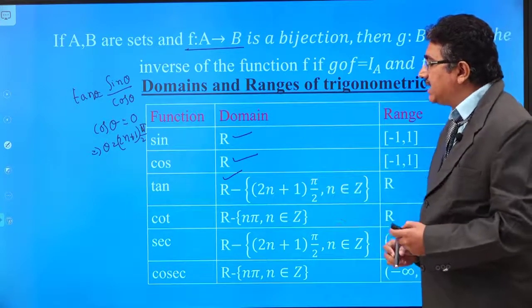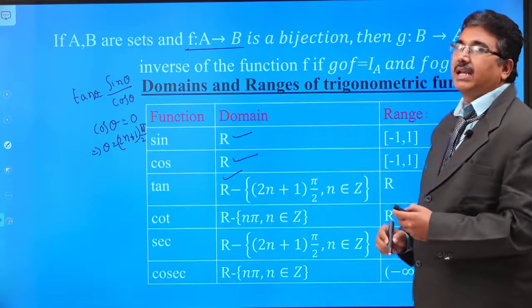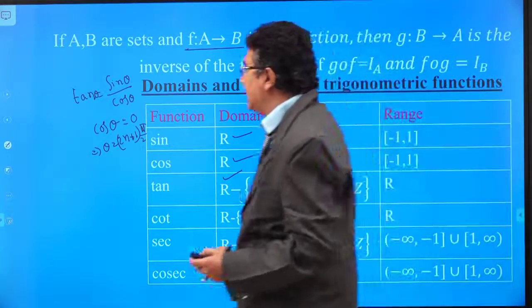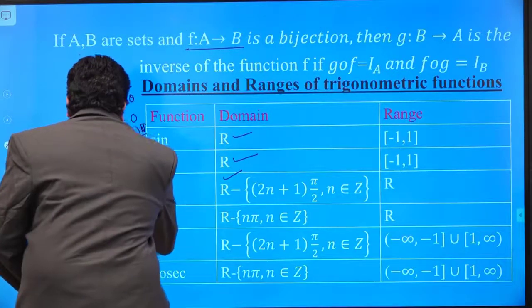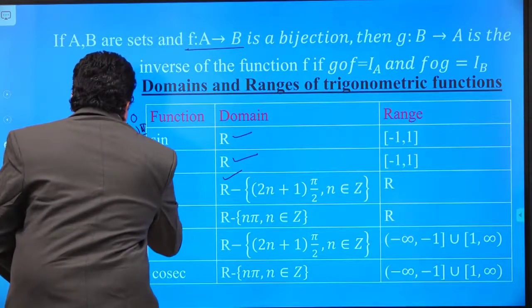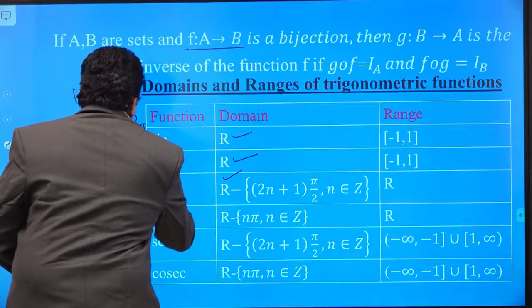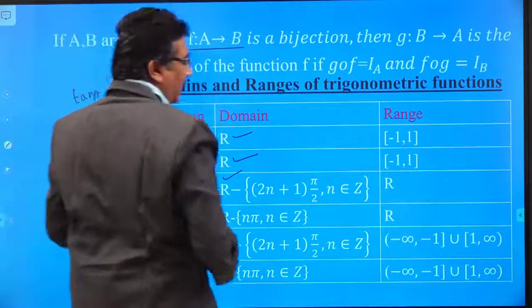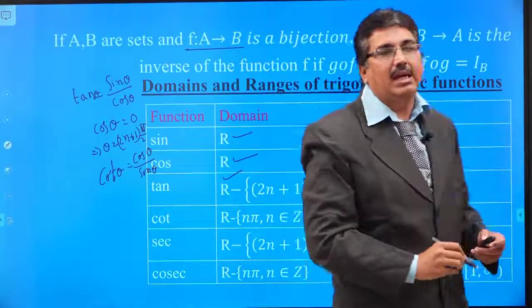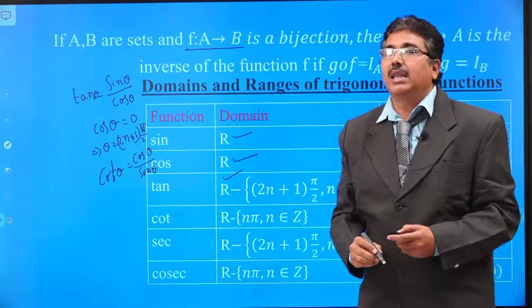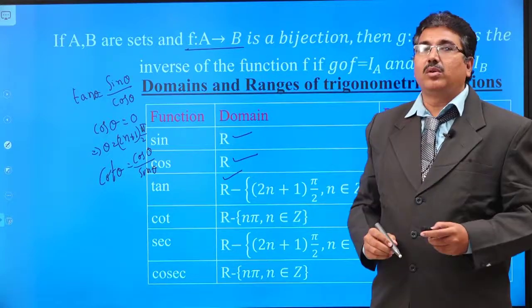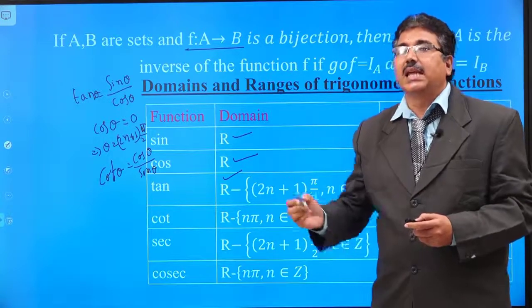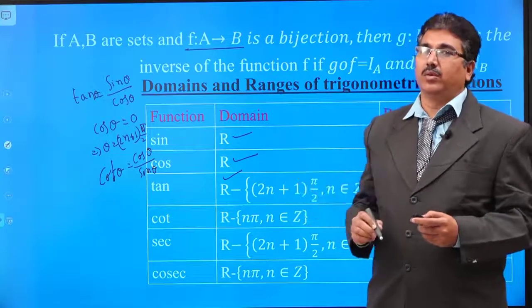Similarly, the domains of cot and cosecant are the same. Cot theta is equal to cos theta divided by sin theta. The domain of cot theta is the set of all real numbers excluding the values of theta at which sin theta is equal to 0.